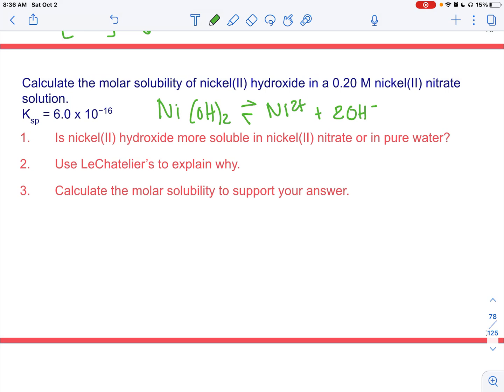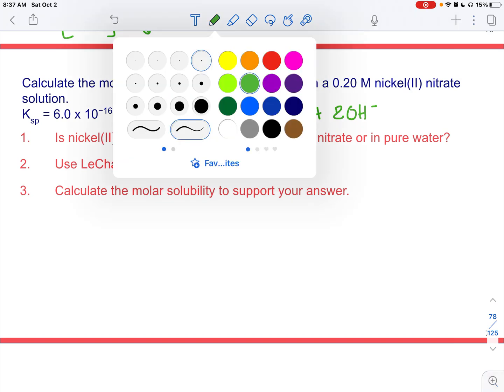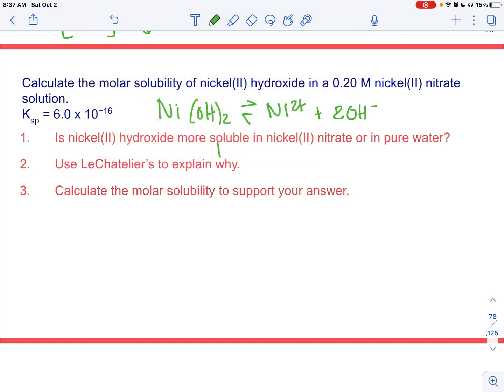So here, if we had pure water, we would have this just at equilibrium. What would happen if we added some nickel? If we added our nickel 2 nitrate, we're adding some Ni2 plus, which means we'd go in the reverse direction. That means this mass would increase, so it would be less soluble. The more mass you have, the less soluble it is. So it's going to be less soluble.